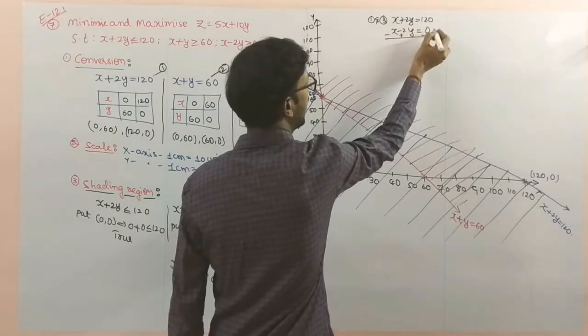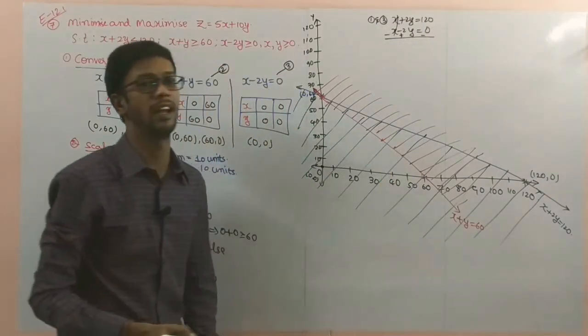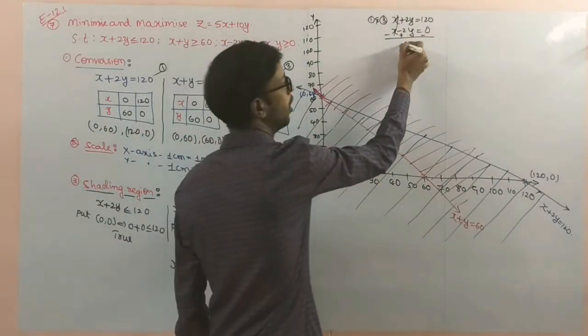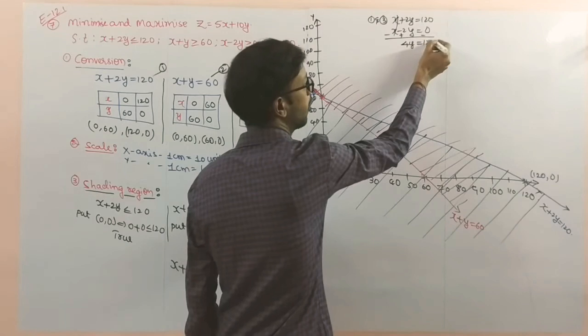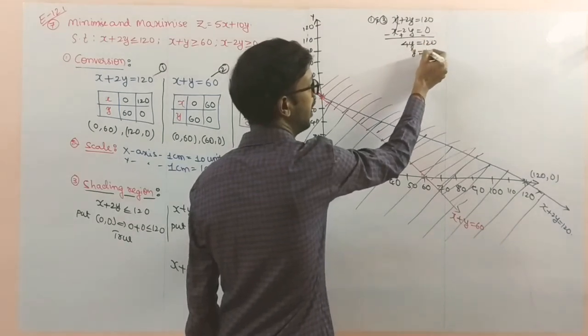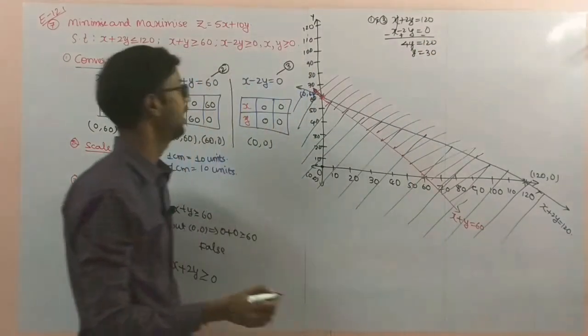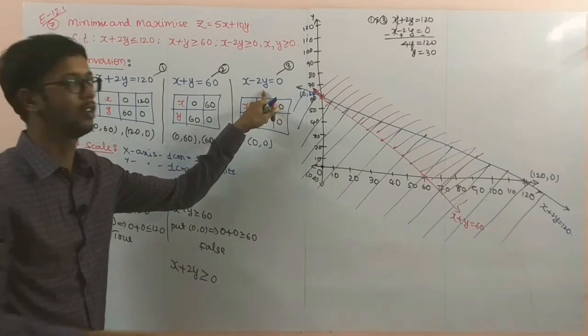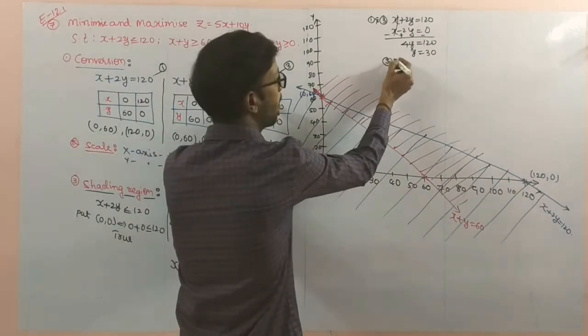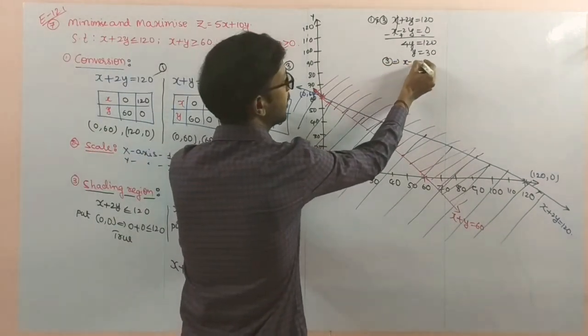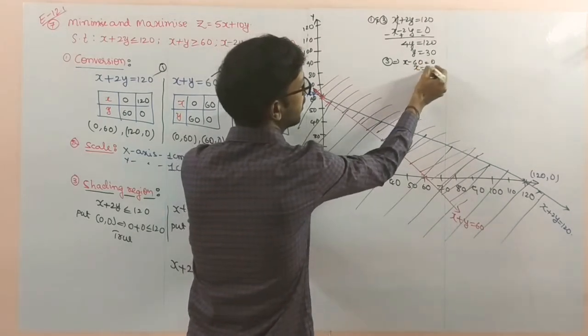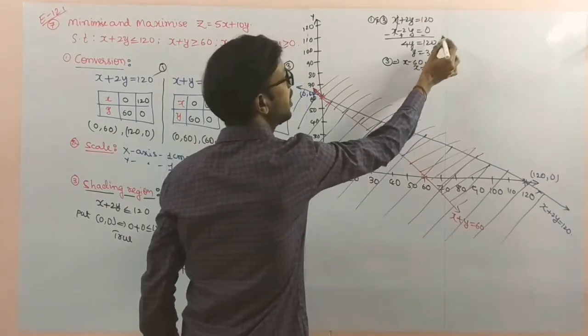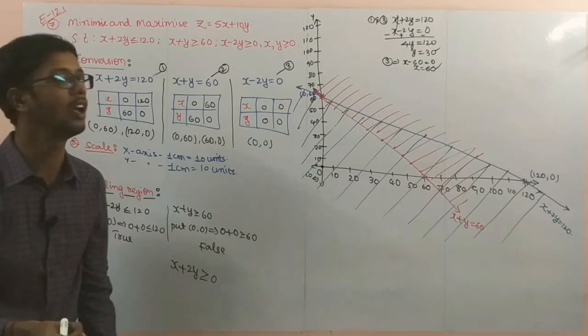Subtraction making, signs will be changed. x gets cancelled. 4y equal to 120, y equal to 30. Y equal to 30, in this equation you substitute: x minus 60 equal to 0, x equal to 60. So 60 comma 30 is a point.